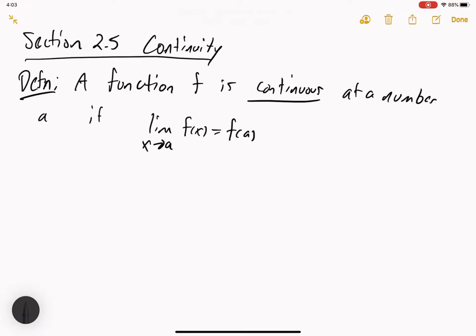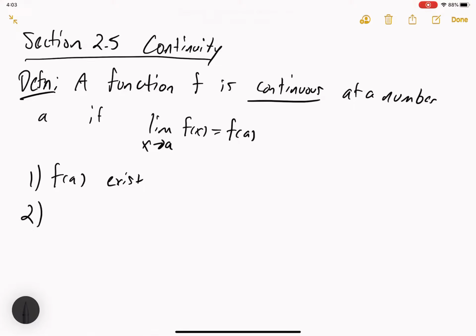The reason is that we can basically just plug in the limit into f, and if that's true, then it's continuous. In order for us to have this continuity, we need three things. The first one is that f of a has to exist. If the function is not defined at a, then it's not continuous there.